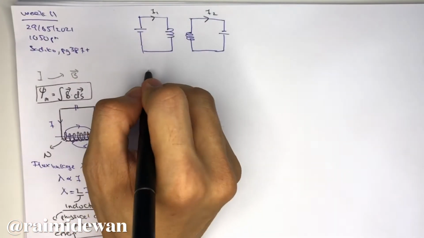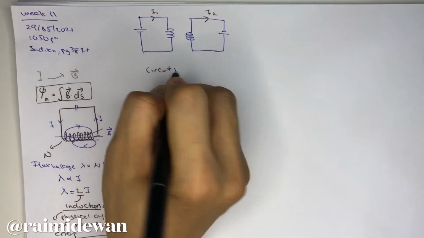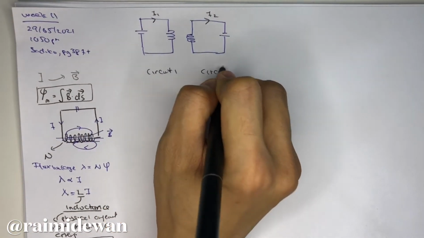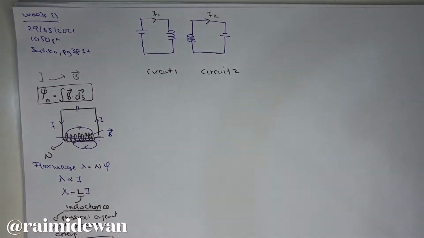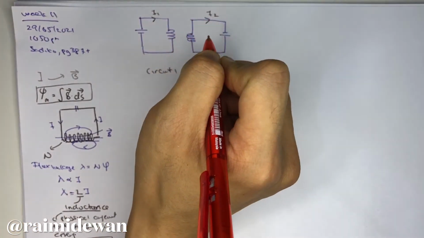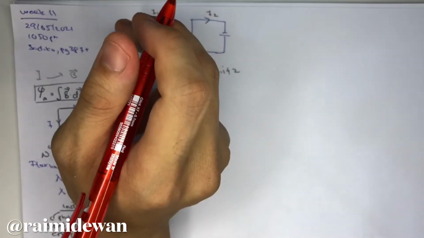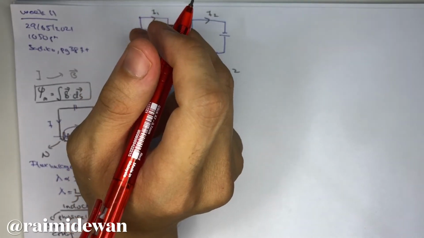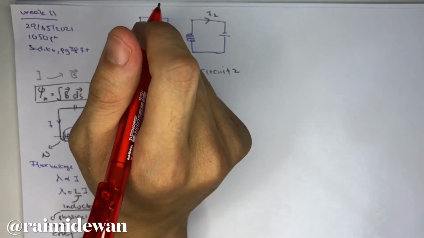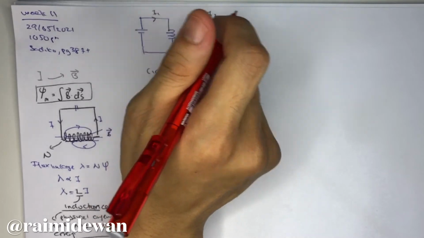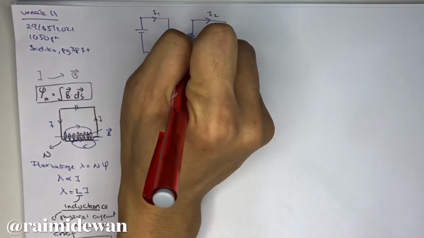This is circuit 1, this is your circuit 2. Let's say you have flux running from circuit 2 towards circuit 1, meaning the flux passing through circuit 1 due to current produced in I2.